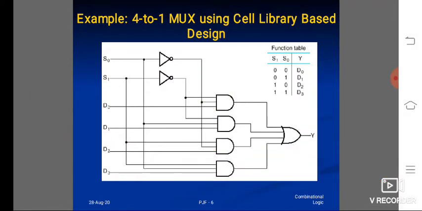Based on this condition I have to design the circuit diagram. As I already told you, these are the selection lines, S0 bar and S1 bar, and D0, D1, D2, D3 are the inputs. Based on the equation we design the circuit diagram.